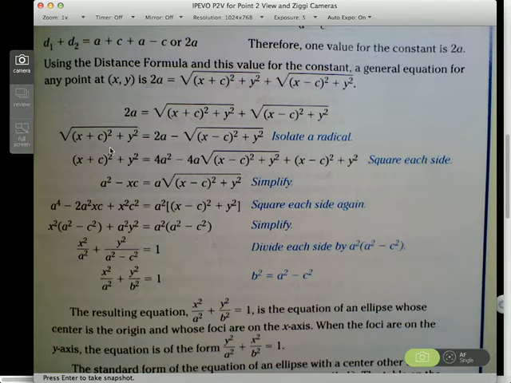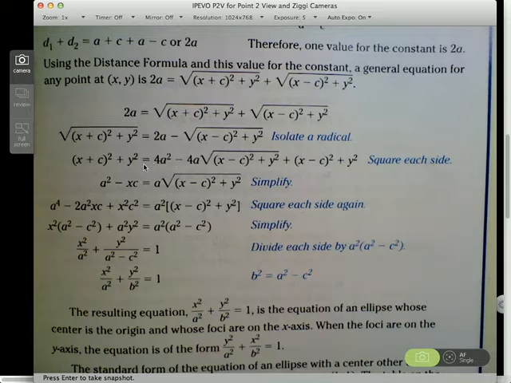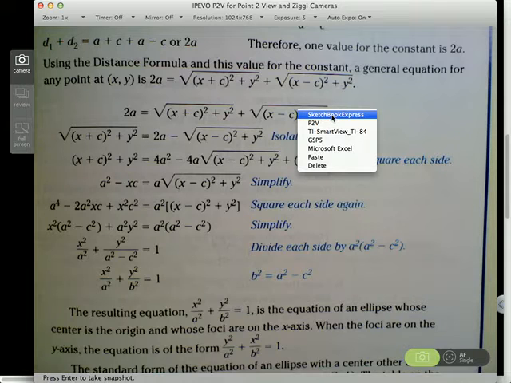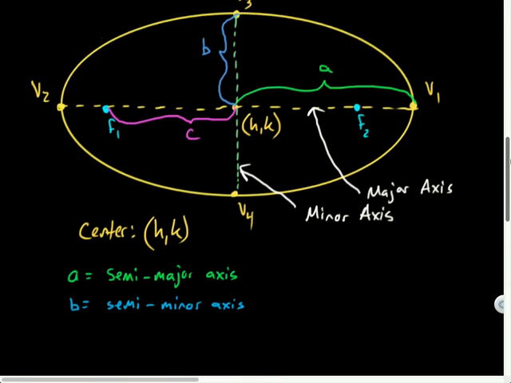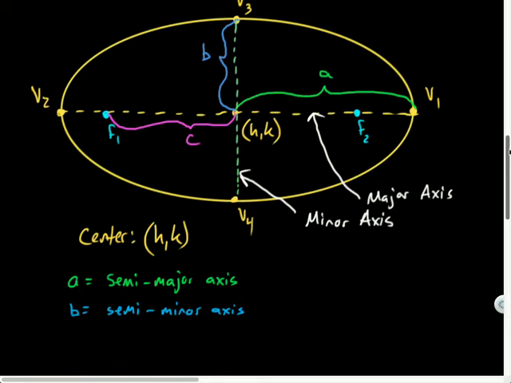They bring the x side, one of these over here, and isolate a radical, square both sides, which is from Math 3 stuff back when, actually I'm going to be teaching that this week to Math 3. And then they simplify, they isolate another radical, square both sides again, and they simplify, they pull everything together, and they end up getting this nice little equation here. Okay? So that's kind of the derivation for the formula. I don't expect you to know it, but I do expect you to know the equation.